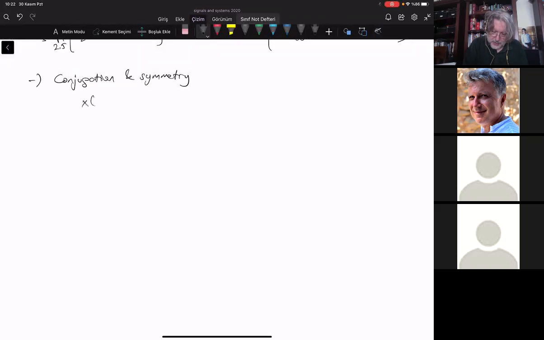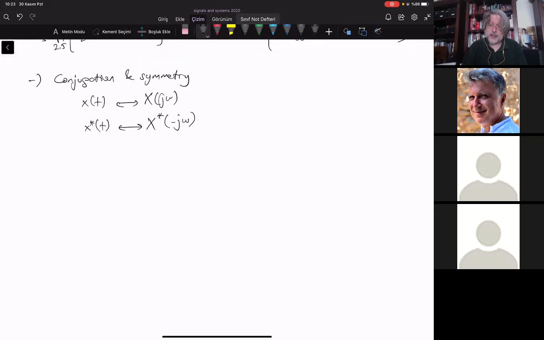It's this: if x of t has a Fourier transform of capital X of j omega, difficult to show it. If you conjugate your time signal, its Fourier transform is conjugated altogether, and with a substitution of, instead of j omega, you put minus j omega, or every omega is replaced by minus omega, and it's also conjugated.